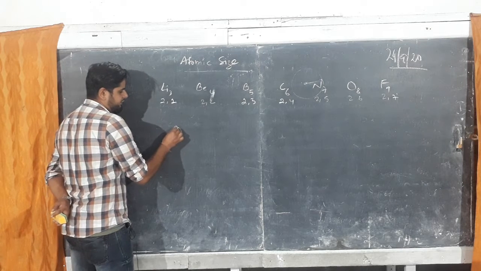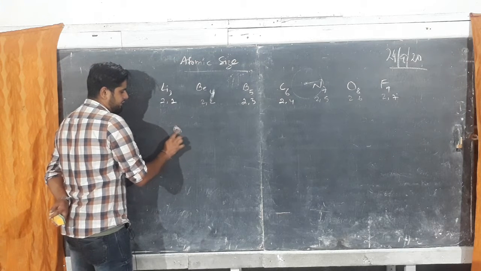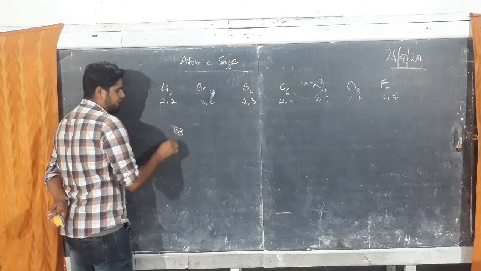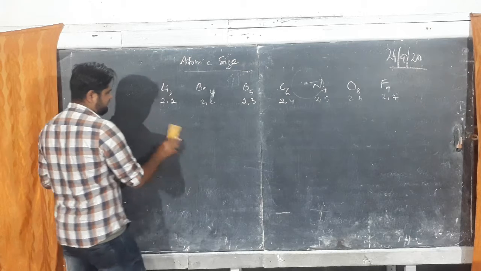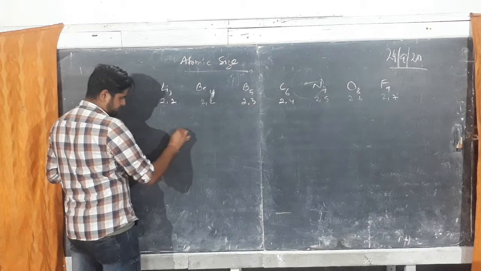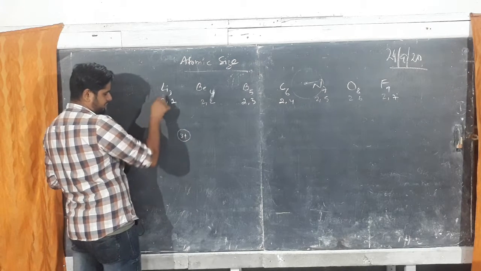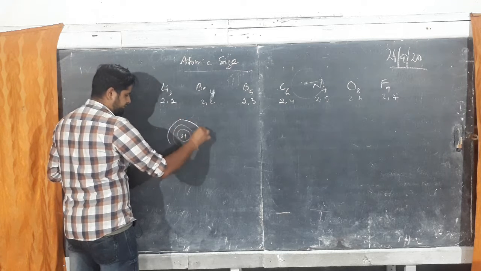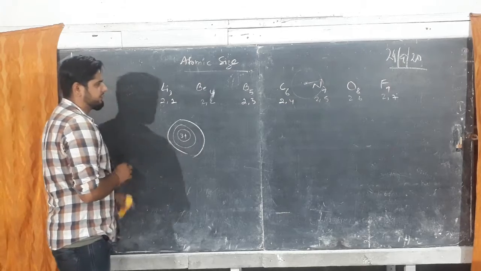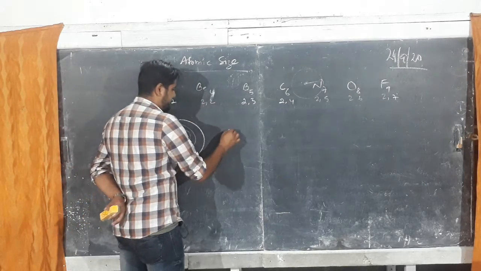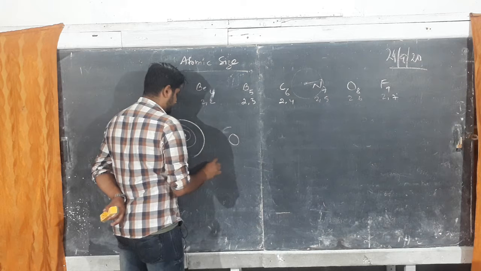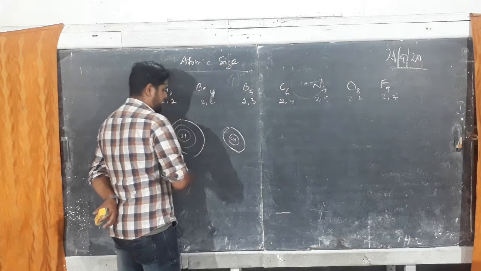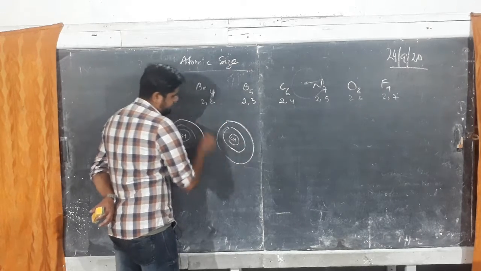Suppose this is nucleus. In the nucleus, how many positive charges? 3 positive charges. Here we have 3 positive charges, and we have first shell, second shell like this. For beryllium, we have 4 positive charges, first shell and second shell.